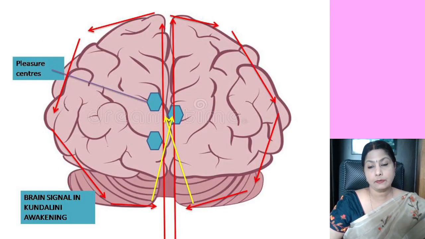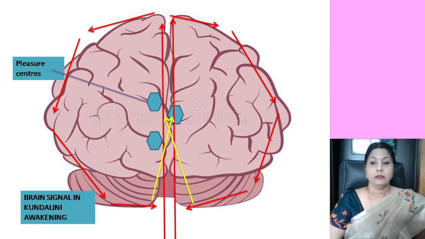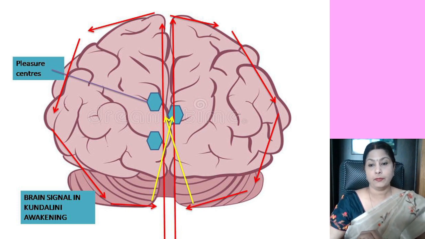In a normal person's body, the brain signals move up into the head and go down into the body. But when all these changes are happening within our system because of Kundalini awakening, the pattern of brain signals movement is now different. Look at the picture here.